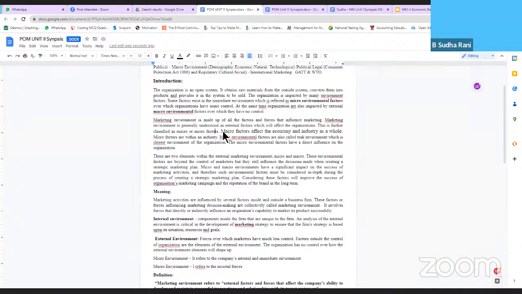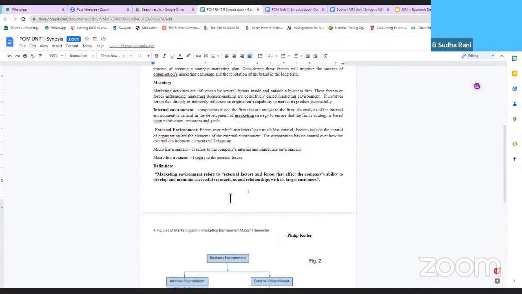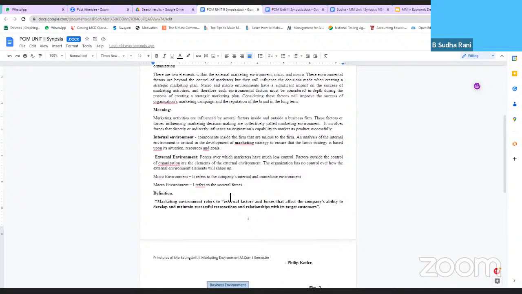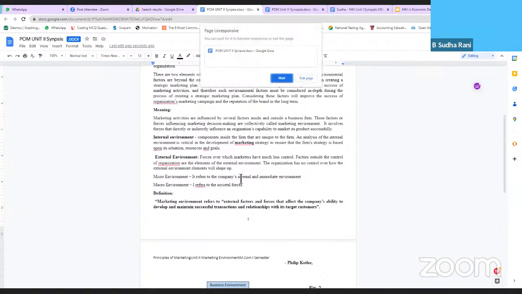The organization has no control upon macro environmental factors. That is what you are supposed to write as a brief of micro and macro. Now, micro and macro we can also call internal and external environment. So micro environment is said to be the internal environment.